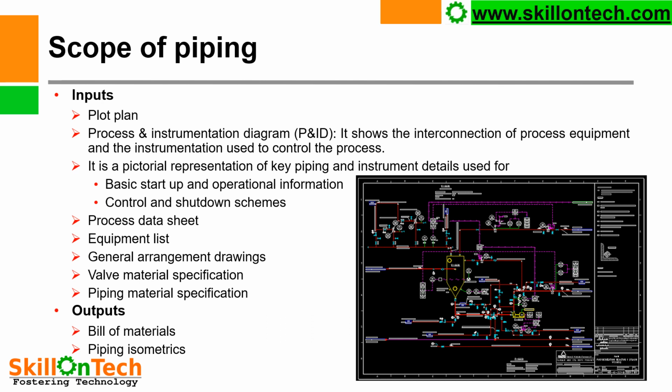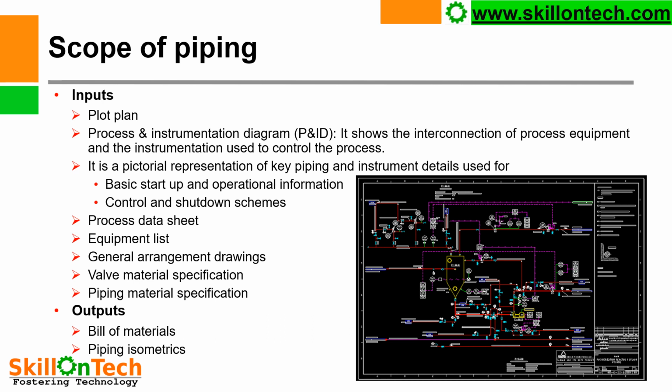Scope of piping. Inputs. First of all, we should prepare a plan. Process and instrumentation diagram, P&ID. It shows the interconnections of process equipment and the instrumentation used to control the process. It is a pictorial representation of key piping and instrument details used for basic startup and operational information, control and shutdown schemes.